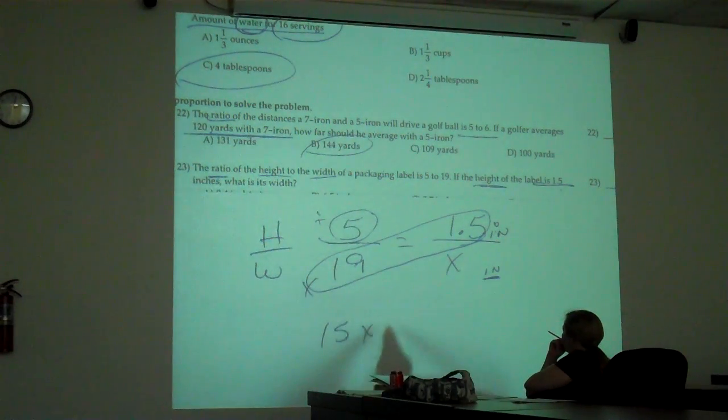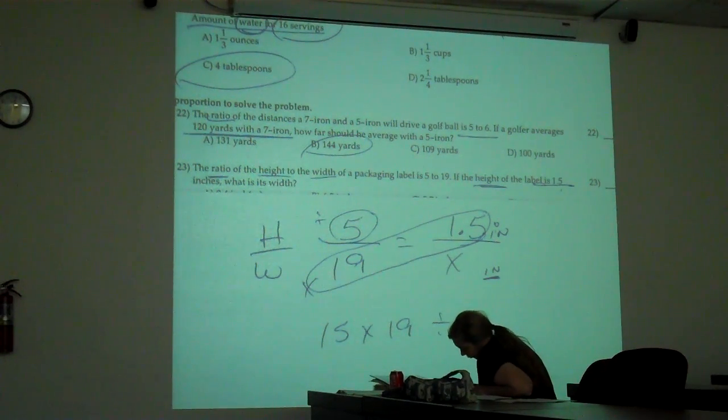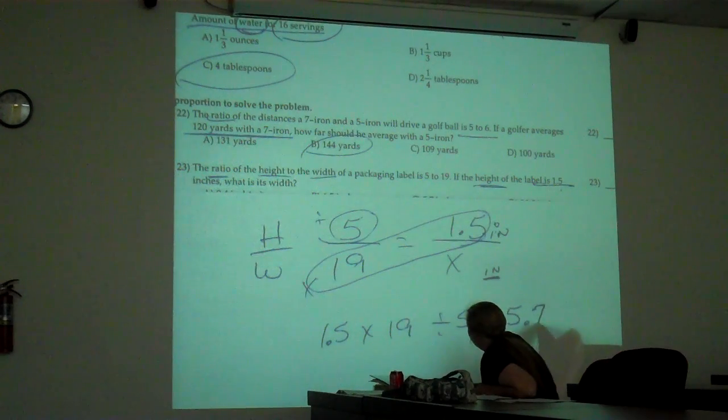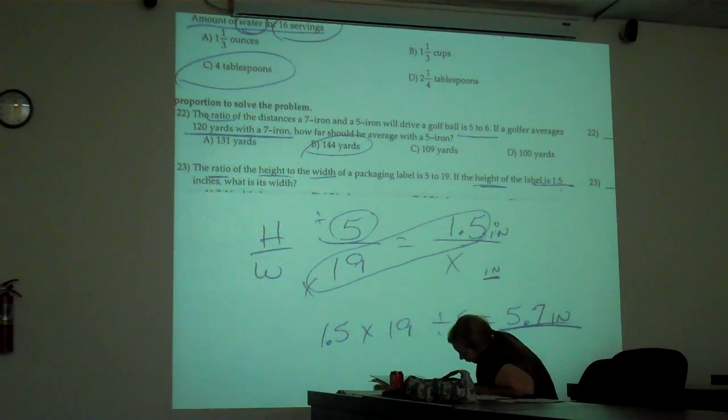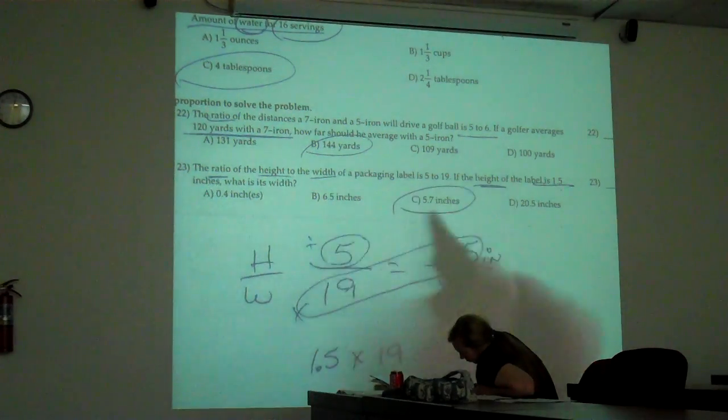So 1.5 times 19, and then you divide by 5. Let's see. Hold on one minute. And that's going to end up to be 5.7 inches. Right there.